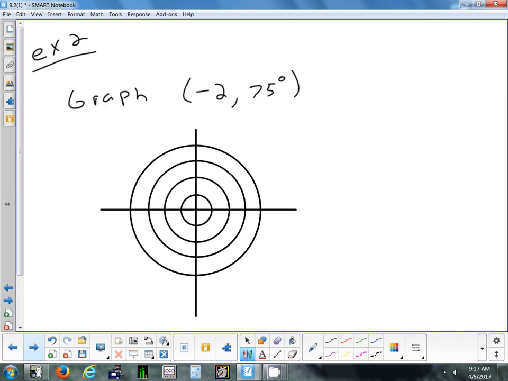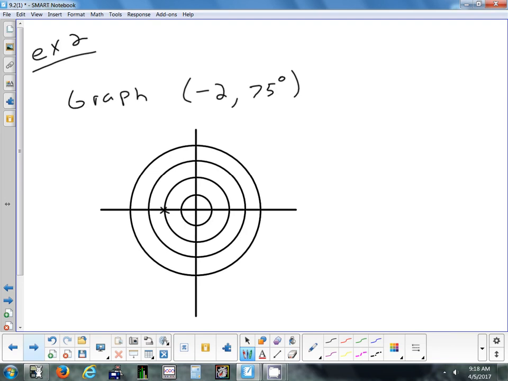All right, so now this one is a little different. We've got a negative radius and a positive angle. So now from the origin, Ian, which way am I going to move based on the -2? Left 2. So we go left 2. And from there, am I going clockwise or counterclockwise?